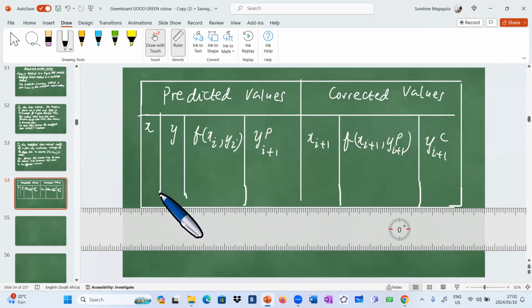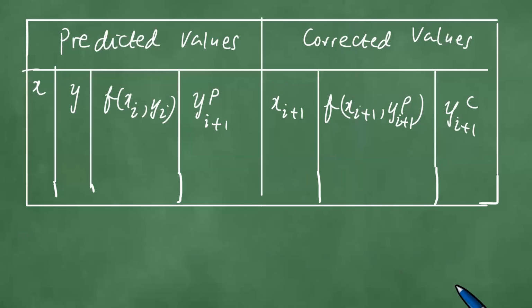Let's continue quickly, please. There are a couple of things I'm going to look at, for instance the idea of the predictor and corrector methods and how they are interrelated.